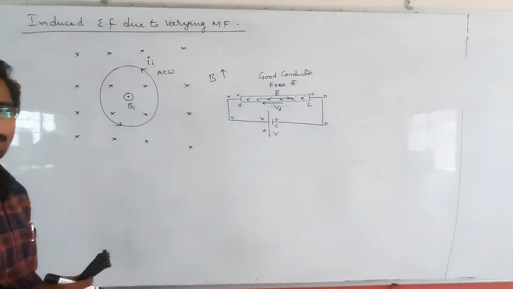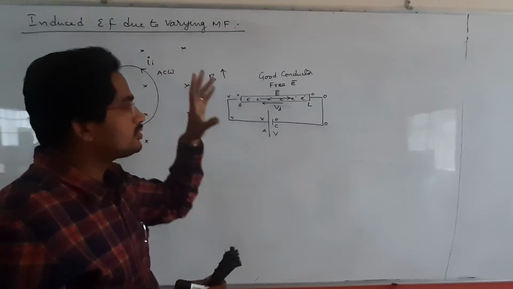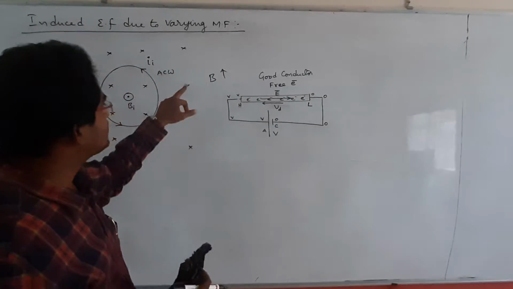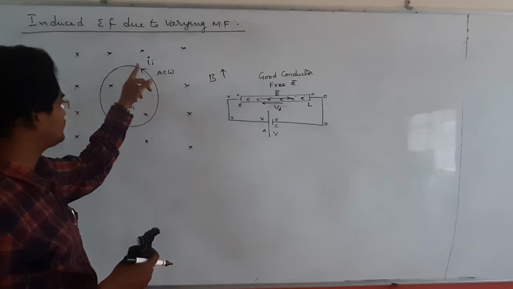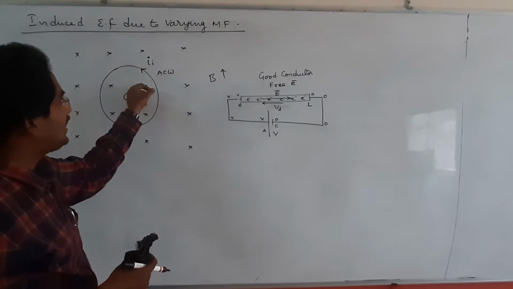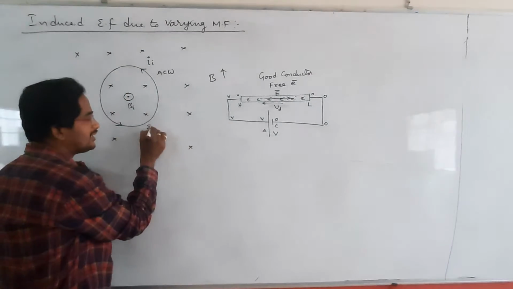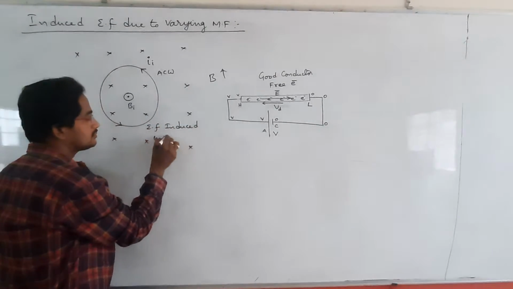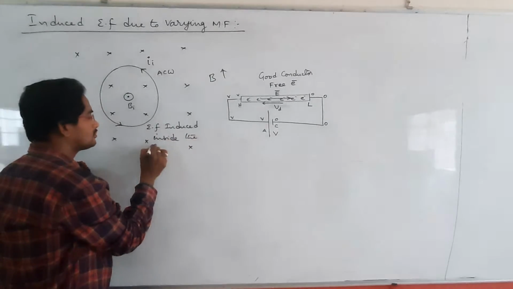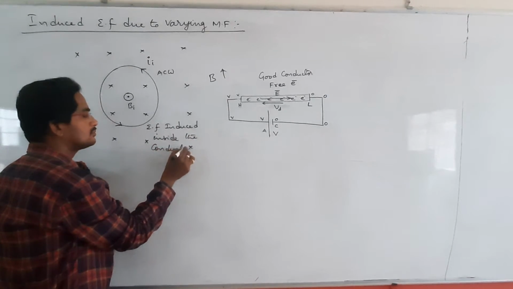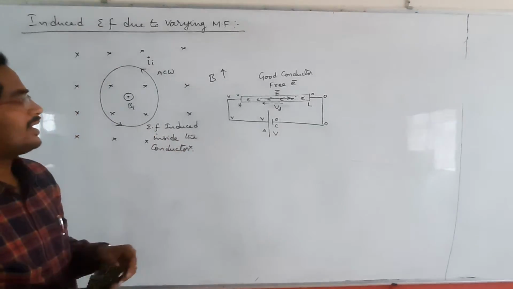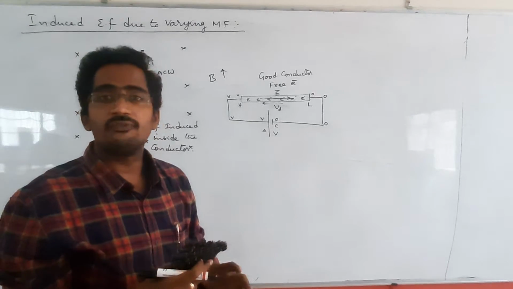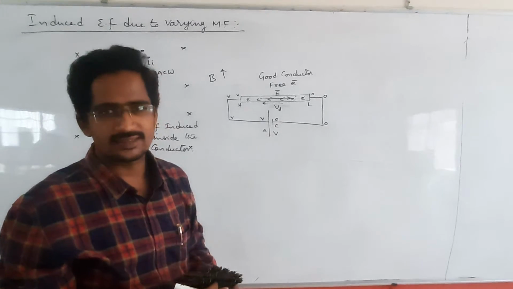That means here an electric field was induced, obviously. Whenever the field is varying here, current flows in this, so an electric field is induced in the conductor. As long as an electric field is established inside the conductor, only then does current flow or charge flow take place.